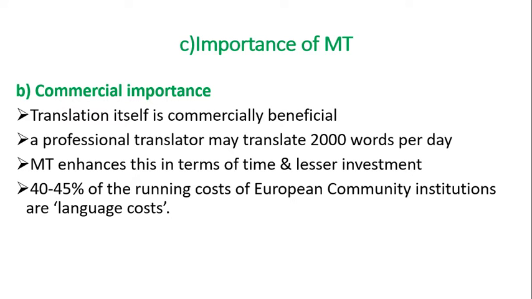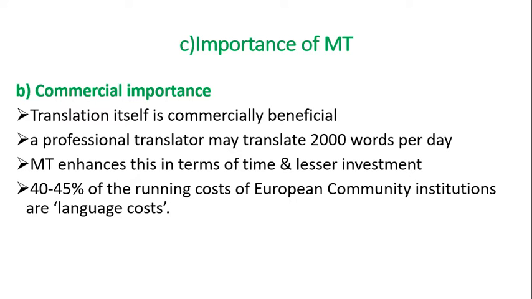Using machine translation tools in your profession can of course decrease your cost, and with lesser investment and lesser time you can produce a very good amount of translation. 40 to 45% of the running costs of European community institutions are language costs.